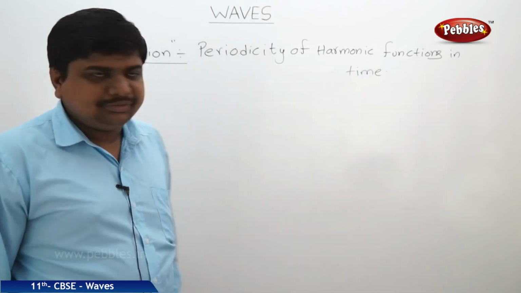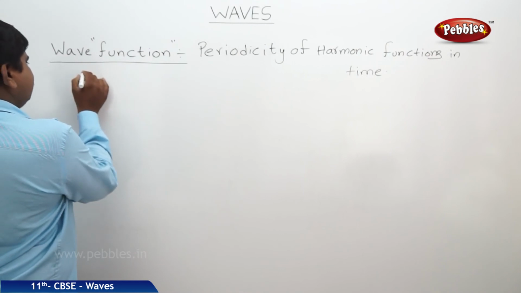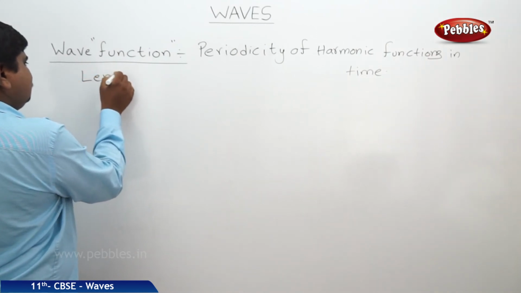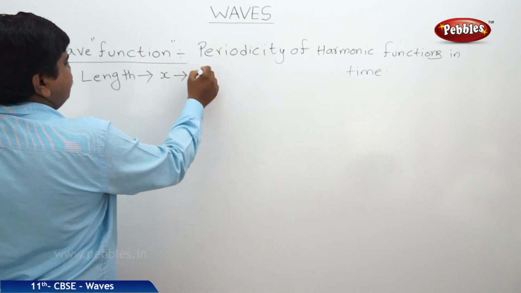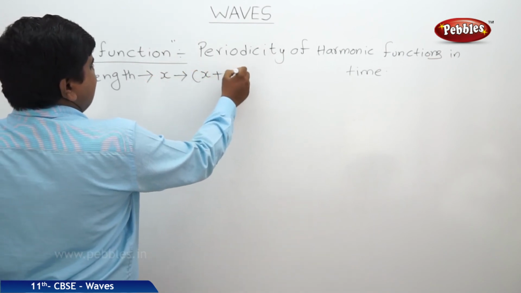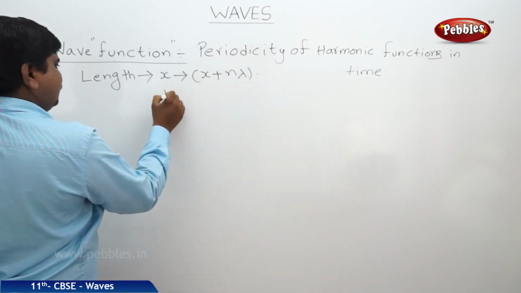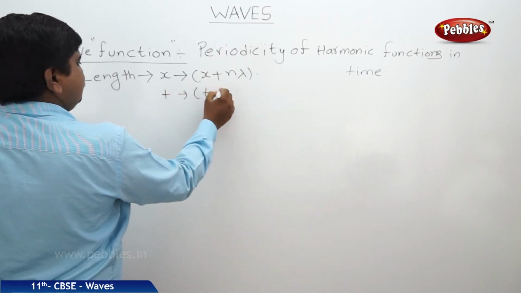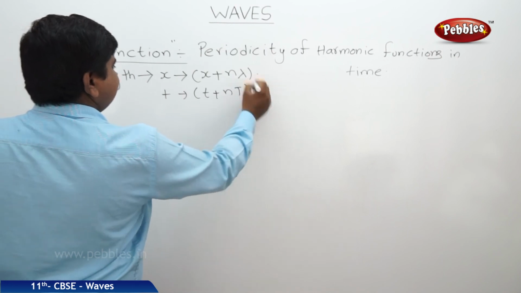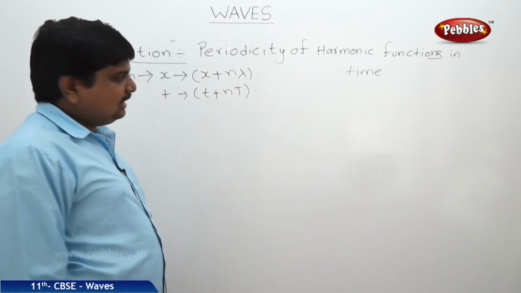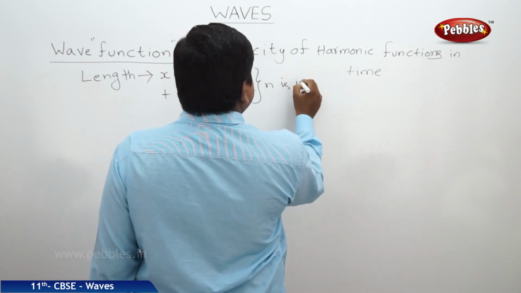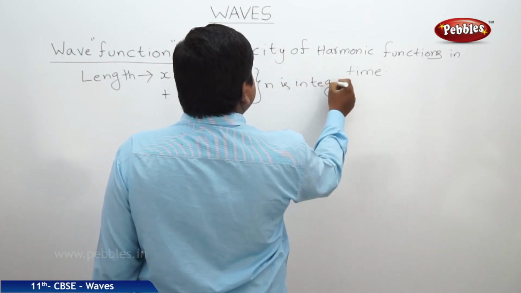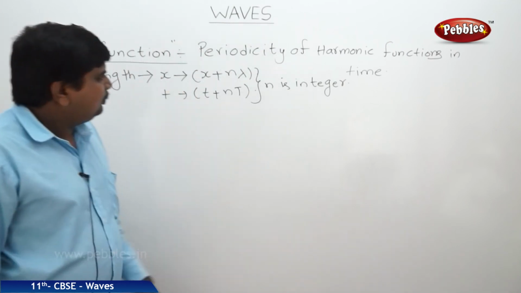So length changes from x to x plus n lambda, and time changes from t to t plus nT, where n is an integer.